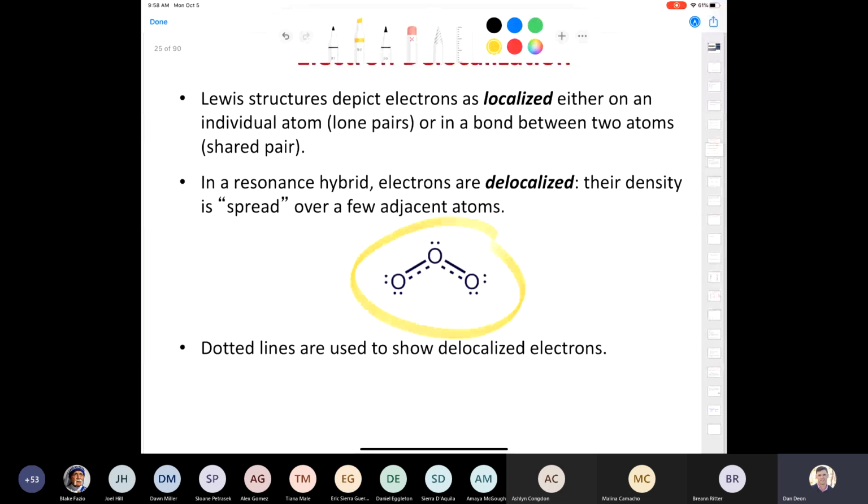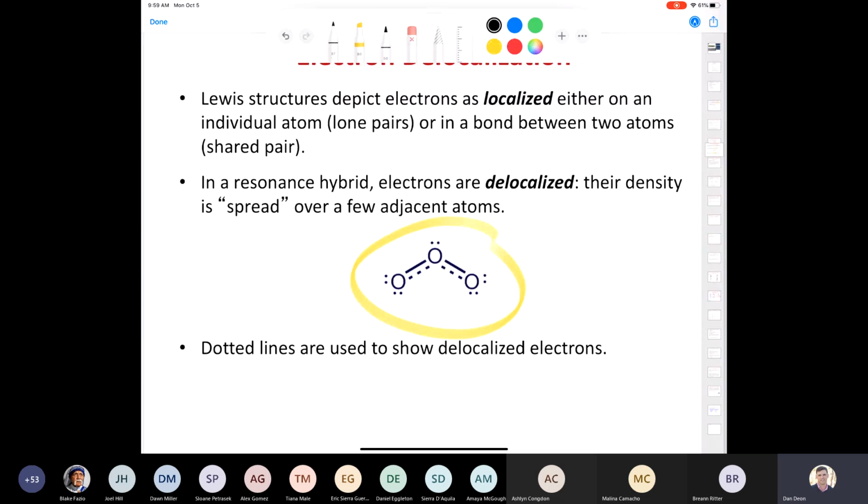It says Lewis structures depict the electrons as localized on either an individual atom or as a bond in between two atoms. But in a resonance hybrid, the electrons are delocalized. Their density is spread over a few adjacent atoms. So the dotted lines are used to show the delocalized electrons.